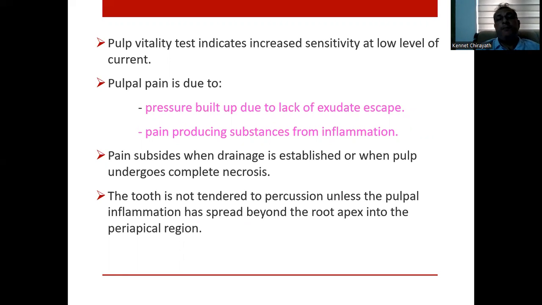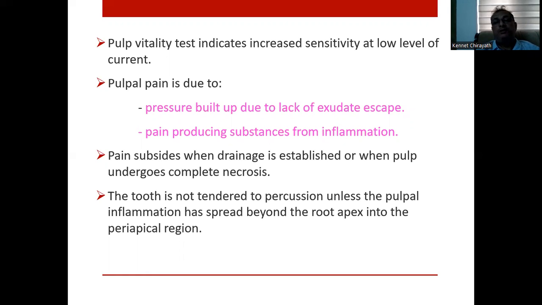The pulpal pain is due to pressure built up because the exudate cannot escape, and pain-producing substances from the inflammation. The pain subsides when drainage is established or when the root canal is started, and the pulp undergoes complete necrosis. The tooth is not tender on percussion unless the pulpal inflammation has spread beyond the root apex into the periapical area.